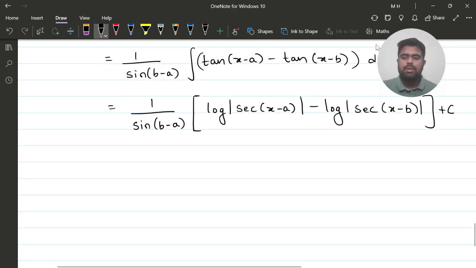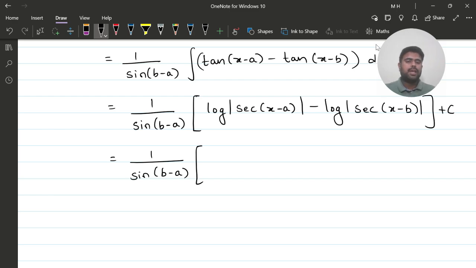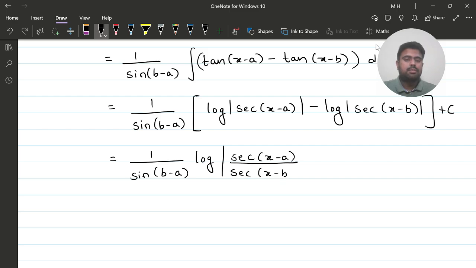Now this is equal to 1 by sin of b minus a into, log a minus log b is log a by b. So it is log mod sec of x minus a divided by sec of x minus b, plus c. But I think the answer page has given it in terms of cos.